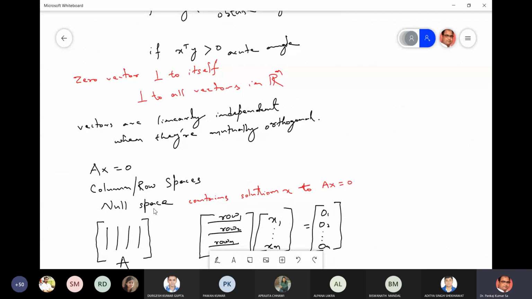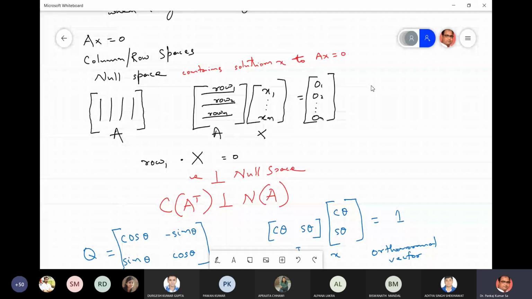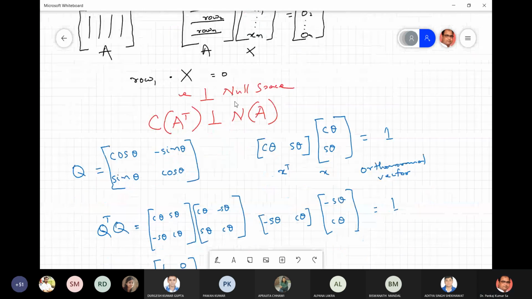Null space contains solution x to Ax equal to 0, and the row space, the column space of A transpose, is perpendicular to the null space. That's right.